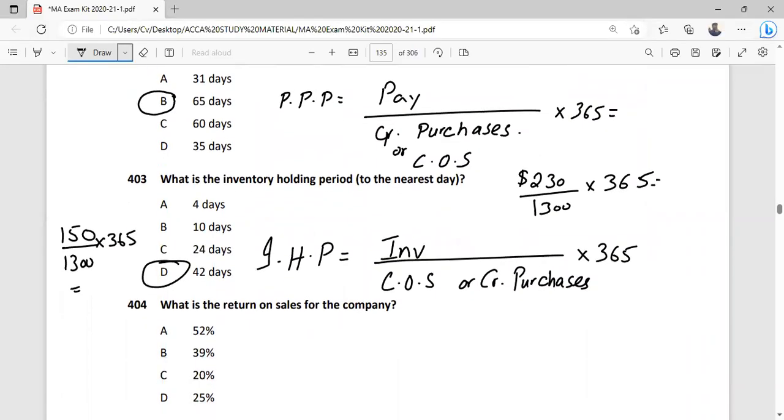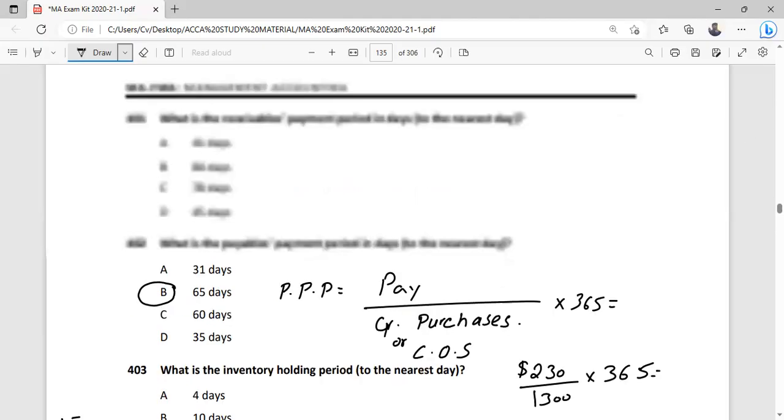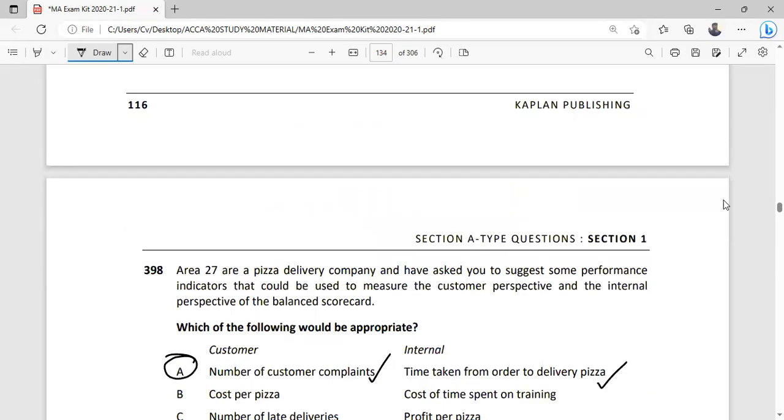Then we have the next question. What is the return on sales? Return on sales means operating profit, or here we can say net profit, divided by sales into 100. So what is the net profit?